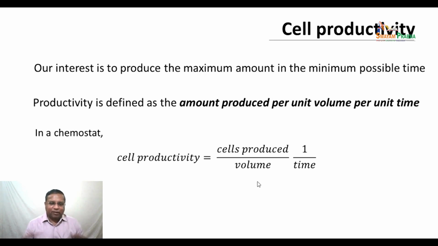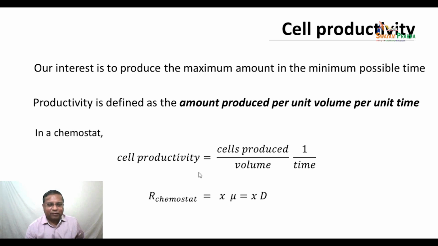Even otherwise, if the cells are producing a product, we would also like to maximize the cell productivity, because that would directly translate to the increase in production of the molecule inside the cell, right? The more the number of factories, the more the product of interest too. Therefore, we are looking at cells themselves.